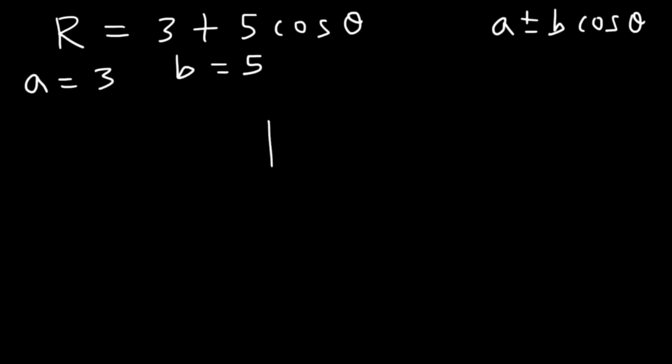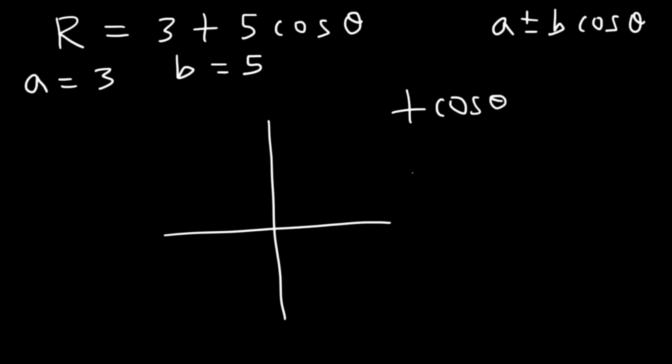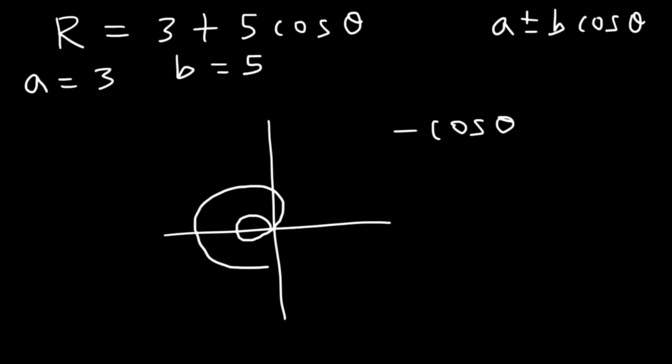Now, there's 4 types. The first type is if it's positive cosine. This graph will open towards the right. The next type is if we have negative cosine, and in that case this graph would open towards the left.